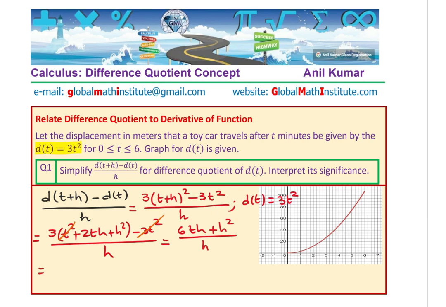Now h is common in the numerator, so we can write this as 6t plus h, over h, right? Now we can cancel h from the numerator and denominator and get the final expression, which is 6t plus h.